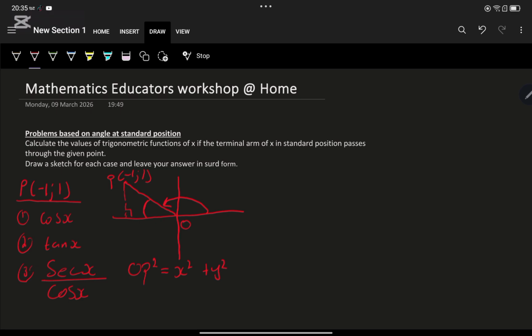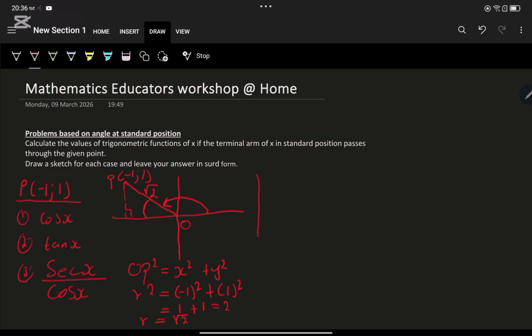Remember we said that the terminal arm is also called the radius. So r squared is equal to (-1) squared plus 1 squared. (-1) squared is 1, plus 1 squared is 1, so the answer here is 2. Therefore, the radius is the square root of 2. So the length of r here is square root of 2.